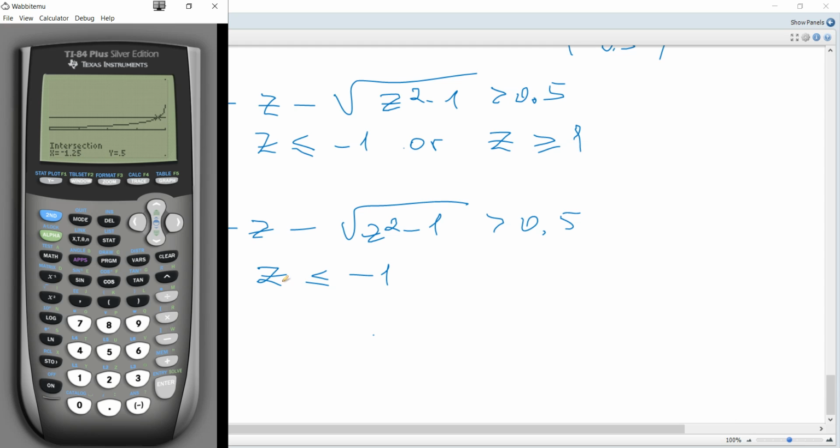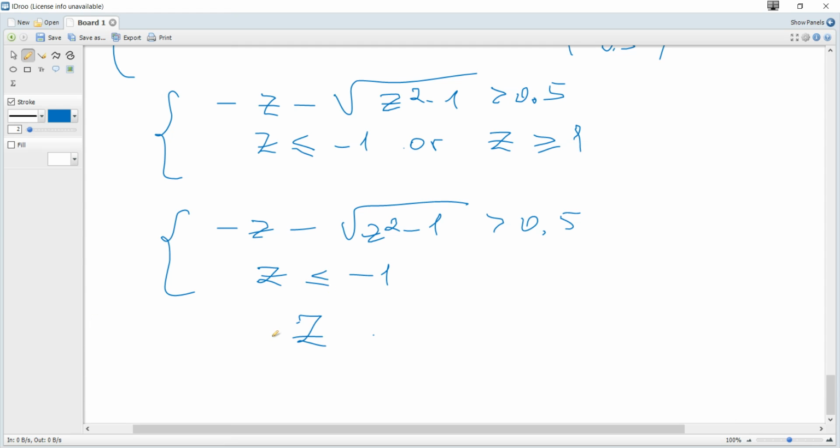But also z must be less than or equal to -1. So together the solution is z is strictly greater than negative 1.25 and less than or equal to negative 1.